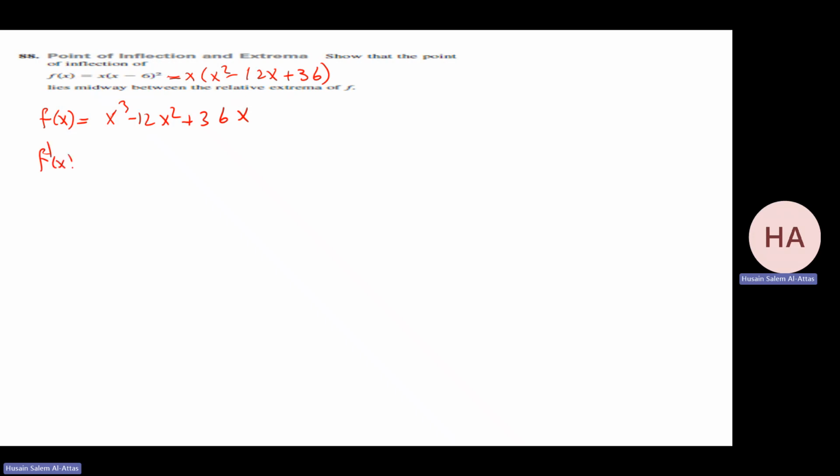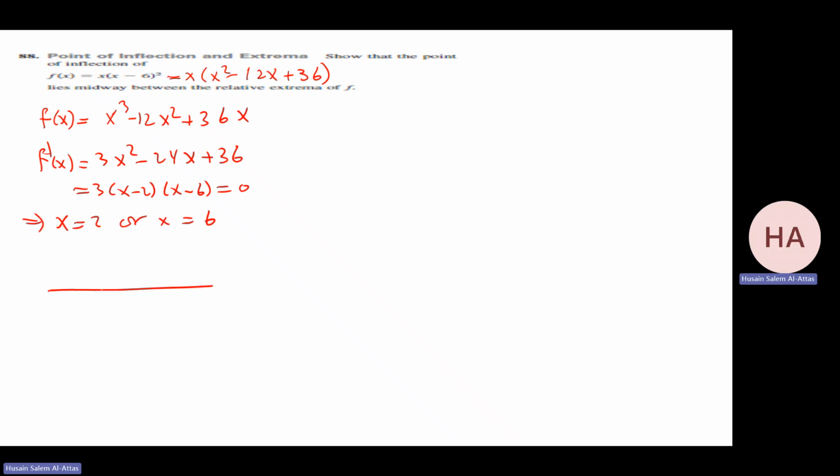F prime will be 3x squared minus 24x plus 36, which I can rewrite as 3 times (x minus 2)(x minus 6). Make it equal to 0, I have x equals 2 or x equals 6.